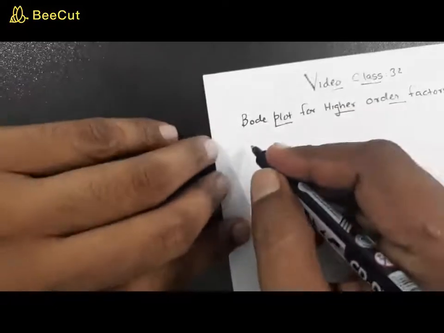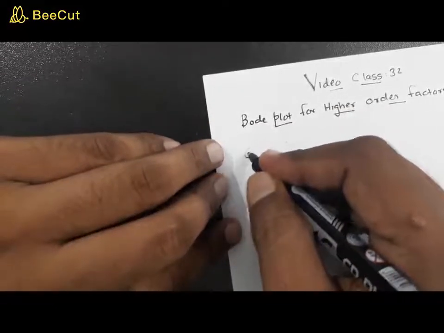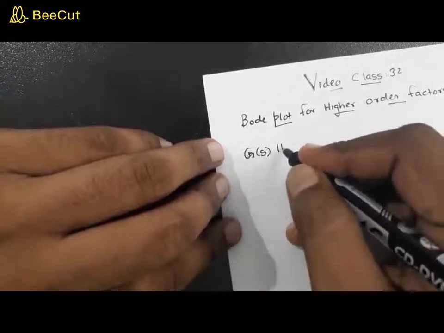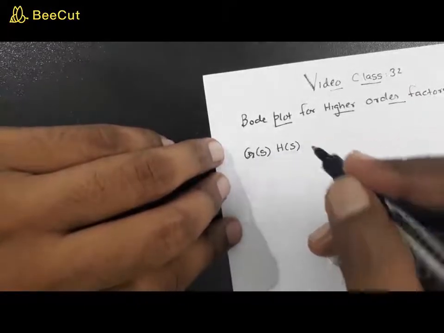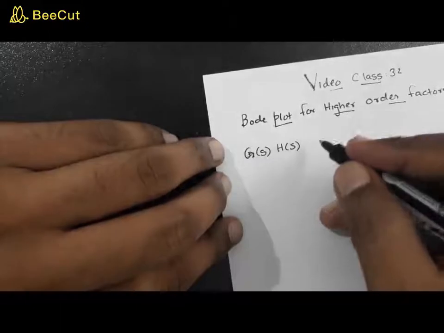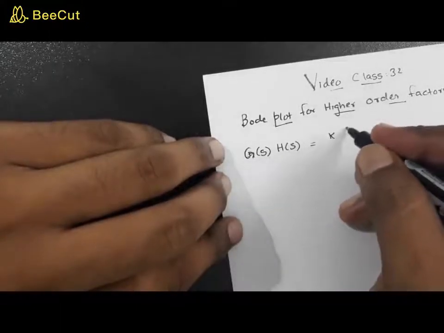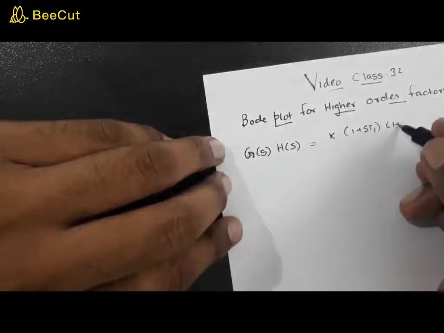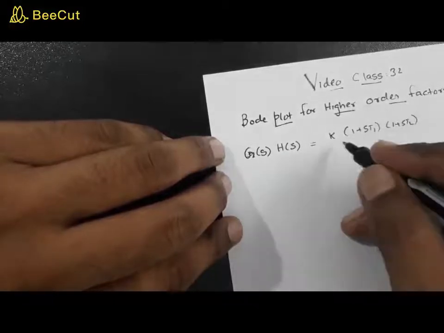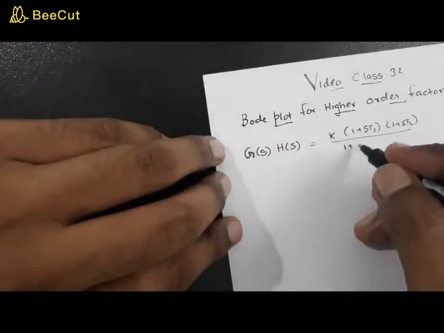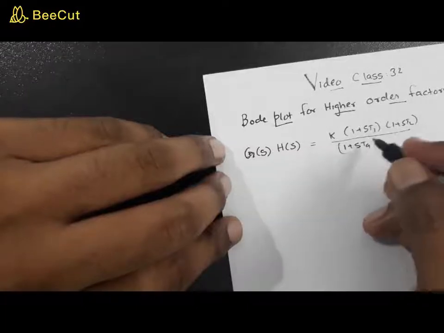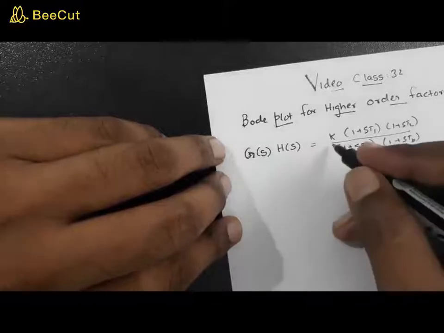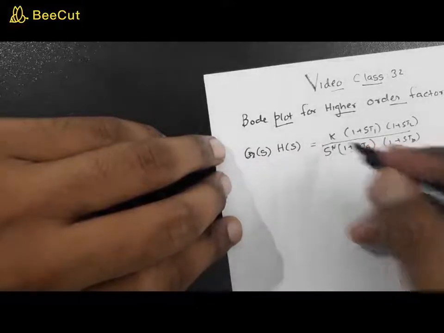Now, so far we have considered an open loop transfer function of a closed loop system as, say, K into (1 plus sT1) into (1 plus sT2) into ... of the form (1 plus sTa) into (1 plus sTb), and this is of s raised to n.